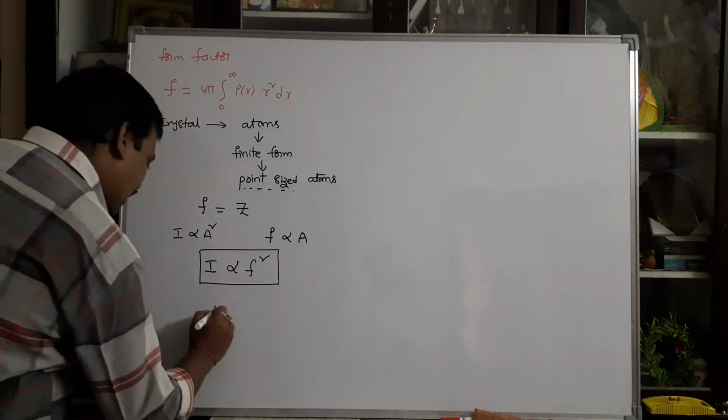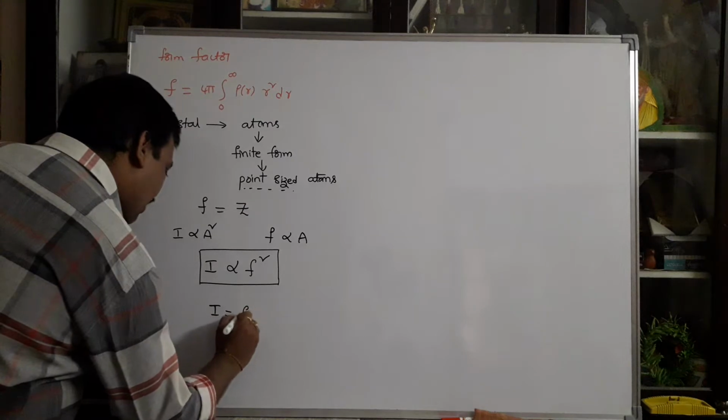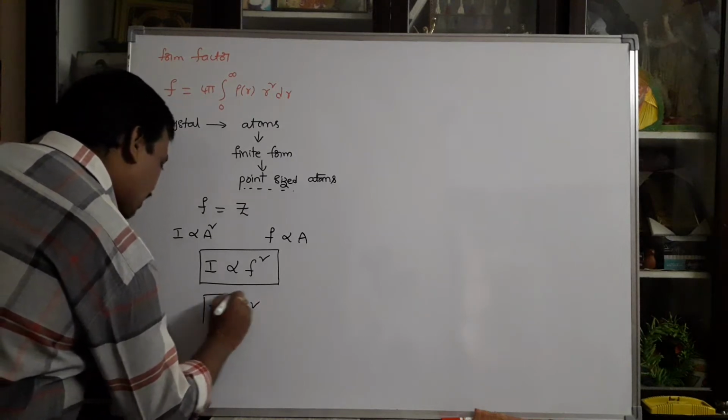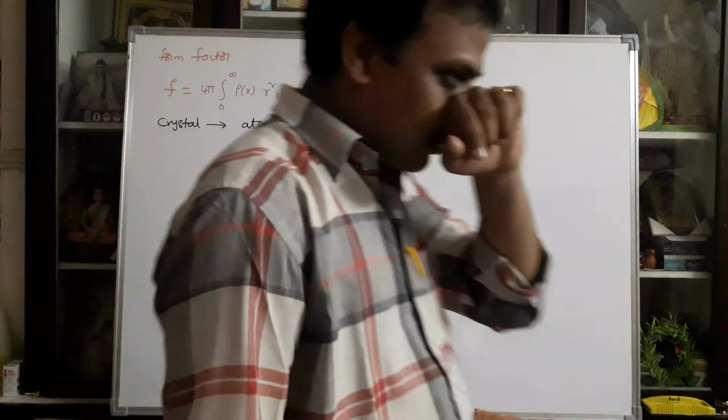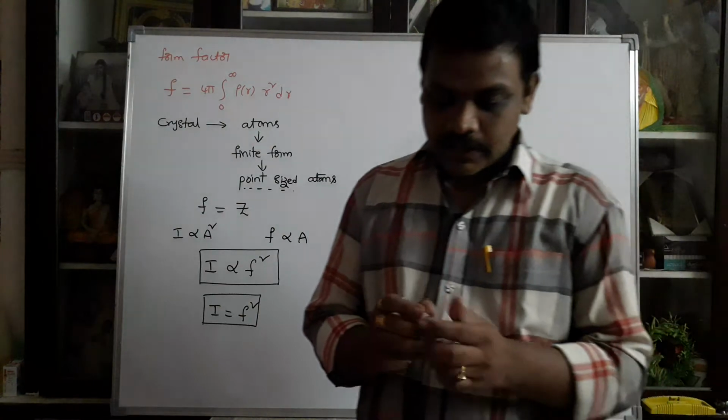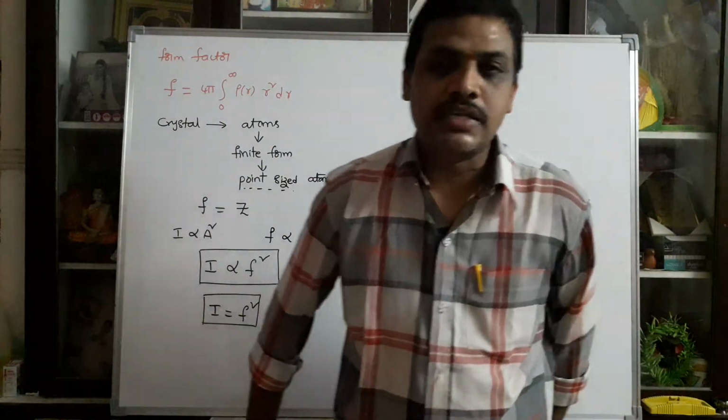In simple terms, I is equal to f square. According to the form factor, you can determine the intensity of diffracted rays.